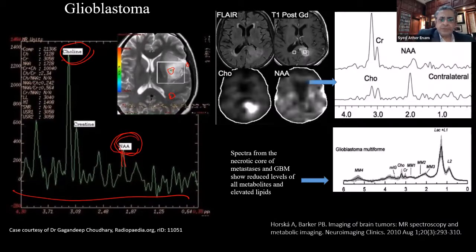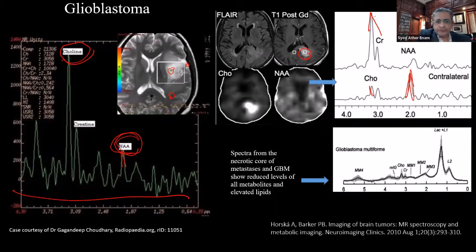On the contralateral side, this is where they're comparing. See this one? This is the tumor, a GBM crossing the midline, but not totally, which shows that the choline peak is high. On the other side, there's no choline peak, and the normal brain pattern shows over there.